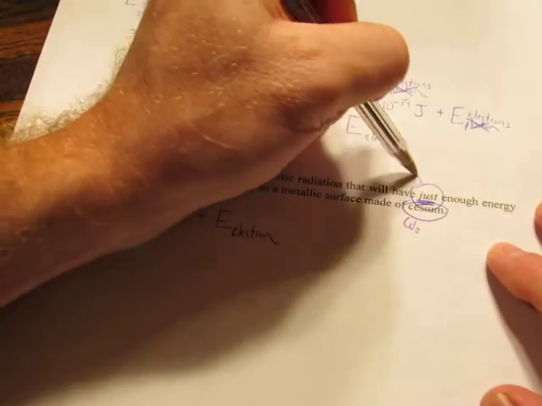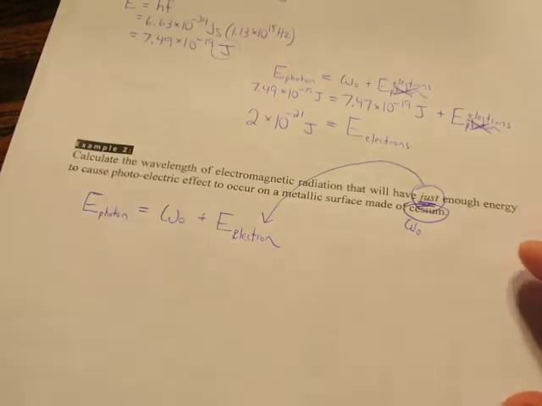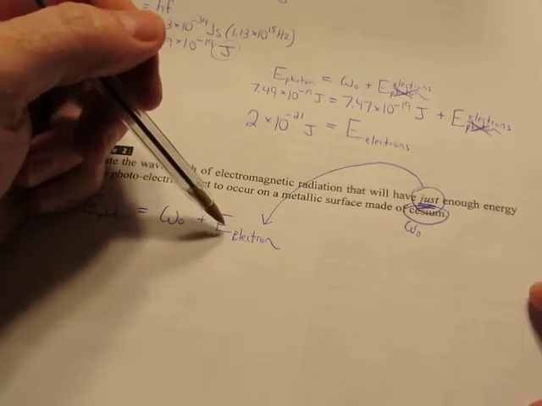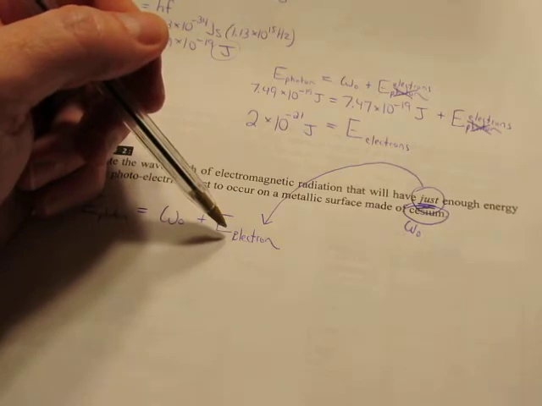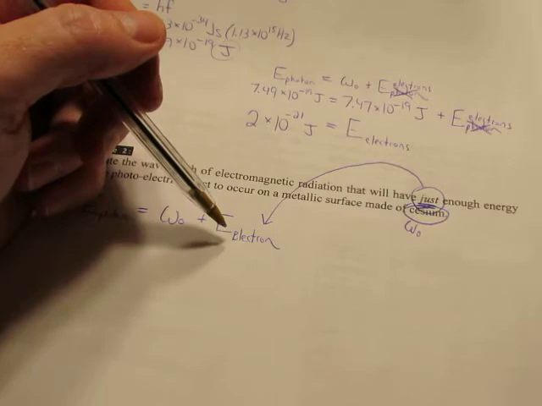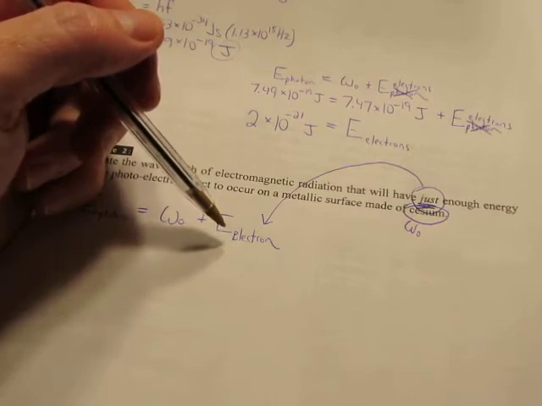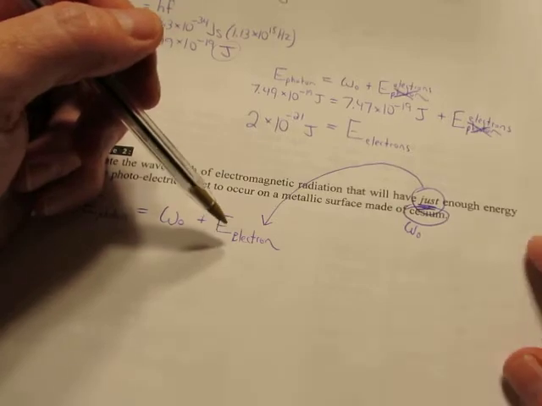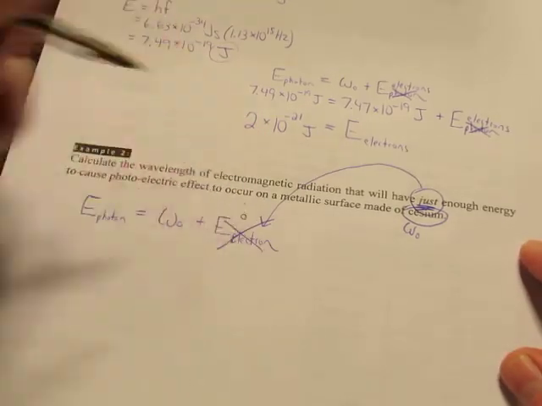Well, this word just, what that means is how much energy are the ejected electrons going to have? If they have just enough, 0.1 joules, 0.00000 joules, I mean, how many zeros? We're just going to make it 0.